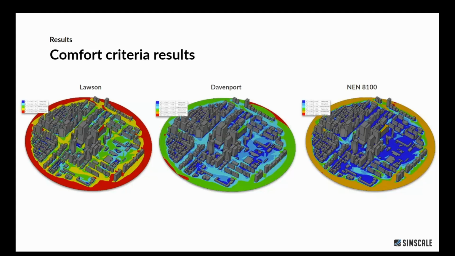And for example, looking at the NEN criteria, what we see here on the right side, right? I think it's not really visible, but what it is based on is always the reference speed of 5 meters per second, right? And then the question is just how often is this 5 meters per second reference speed exceeded?